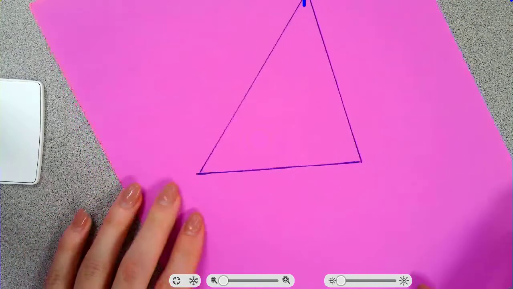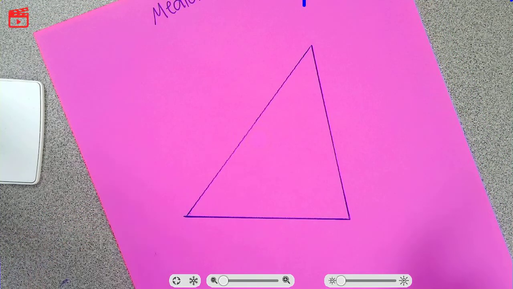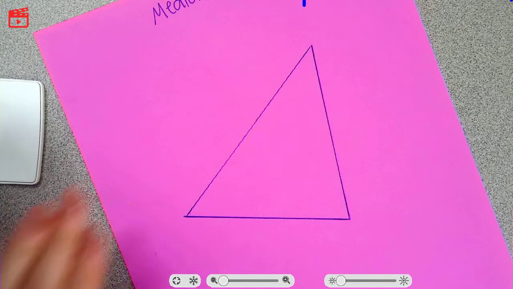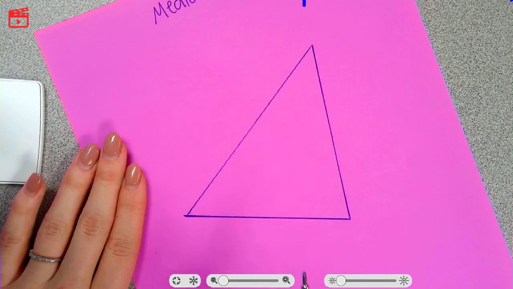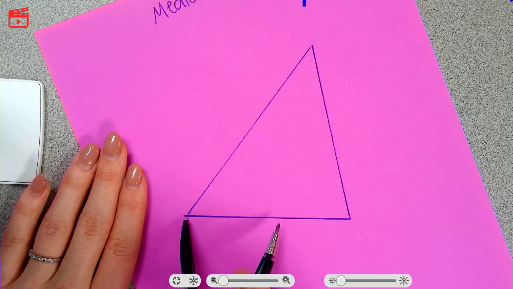So the only way to find the midpoint of the opposite side is to act like you're doing a perpendicular bisector. We are not going to do a perpendicular bisector, but we have to find the middle, right? So in order to do that, let's find the middle. Let's draw our two curves. So I'm going to do this bottom one. I'm going to make my curve a little more than halfway.